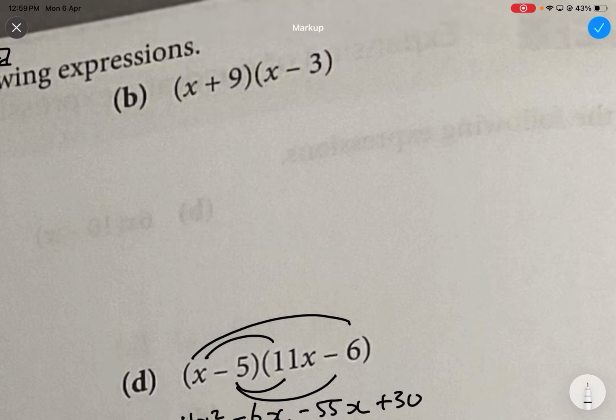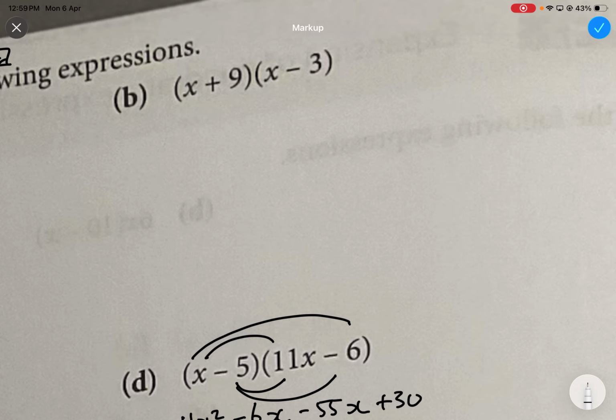9 times 3 is what? You don't know, you press calculator. 7 times 4 is 28. 7 times 2 is 14. Hey, if you cannot do mental sums, go and press your calculator.